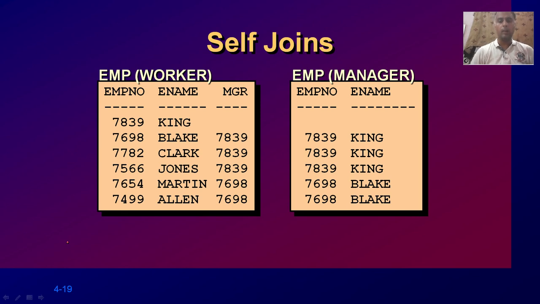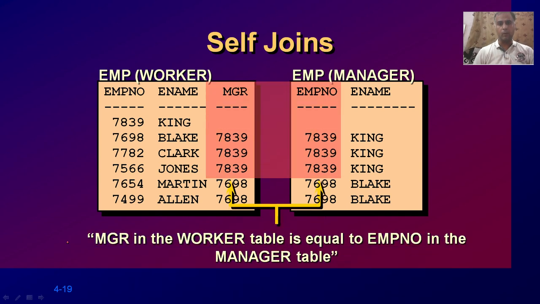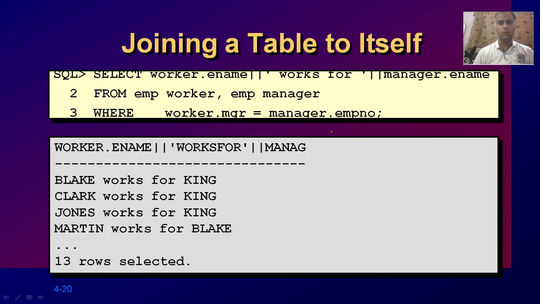One more important join is known as the self join, using EMP worker and EMP manager. We use the same table to perform the self join. Here you can see the manager number. Every employee works under a manager, and a manager is also an employee. We want to find out how many employees work under a particular manager, which we can do through the self join.